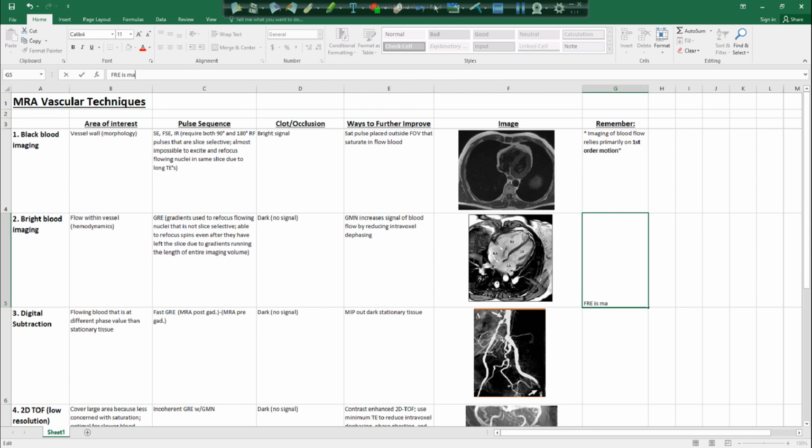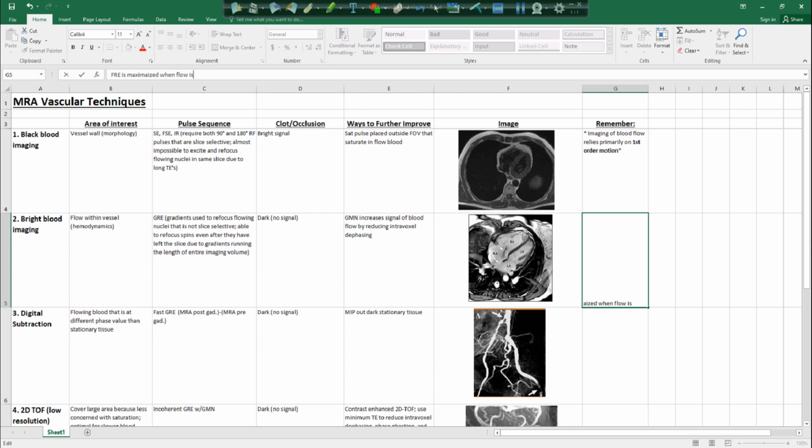Flow-related enhancement is maximized when flow is, what do you think, parallel or perpendicular to our slices?